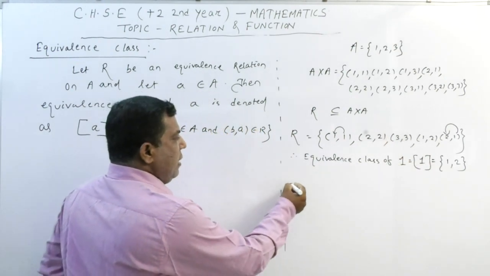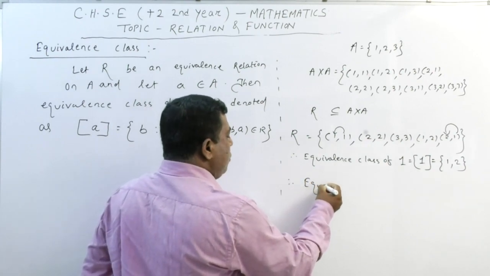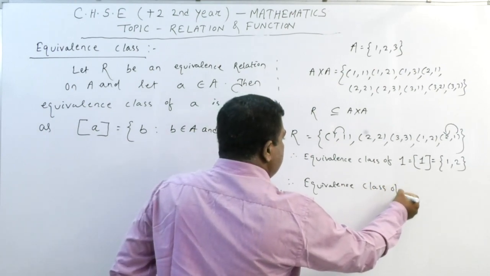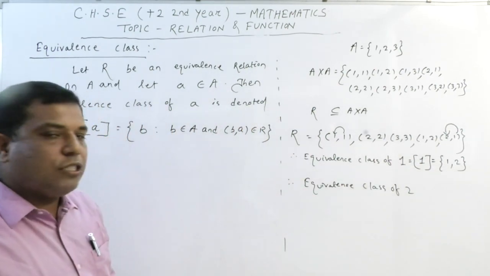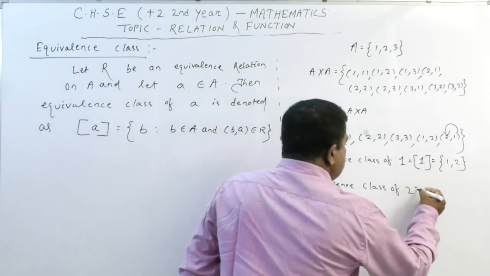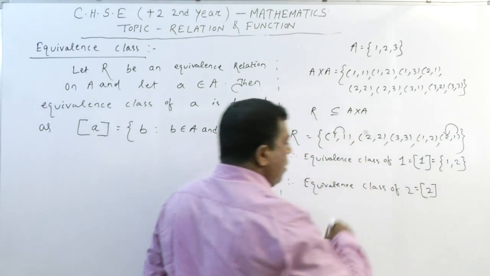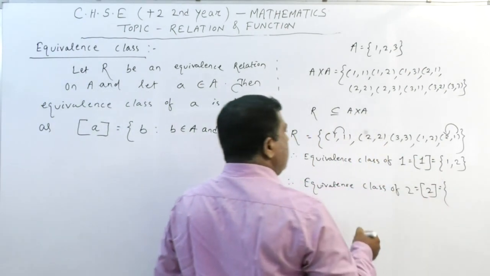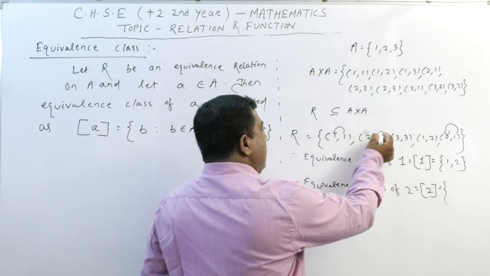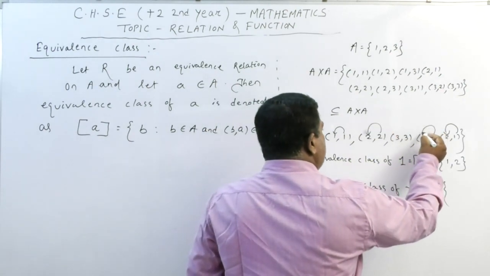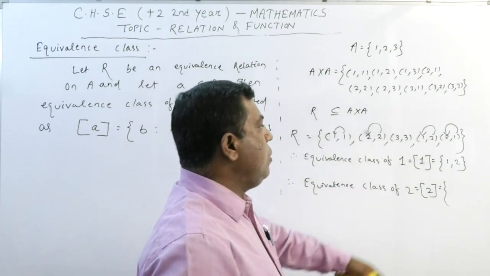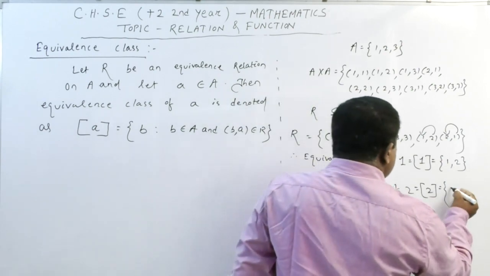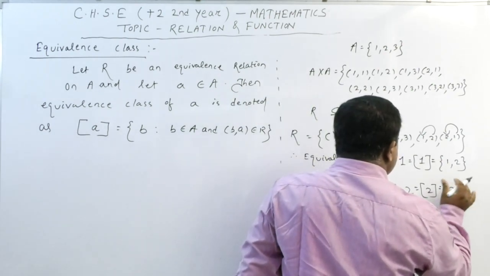Similarly, the equivalence class of 2. What is the equivalence class of 2, my dear students? It is denoted like this in the form of a square bracket, and it is equal to those elements that are related to itself. So you see 2 is related to 2, 2 is related with 1 also. Yes or no? So the equivalence class of 2 consists of the elements 2 and 1.